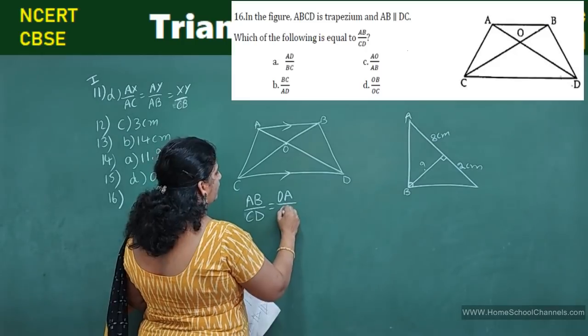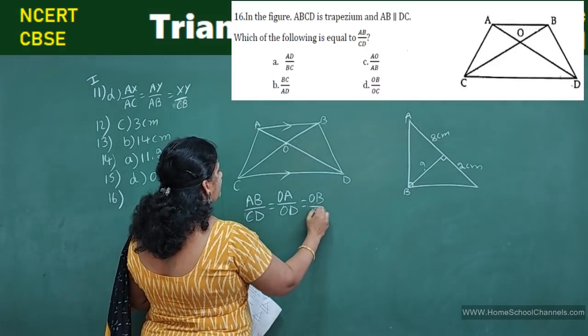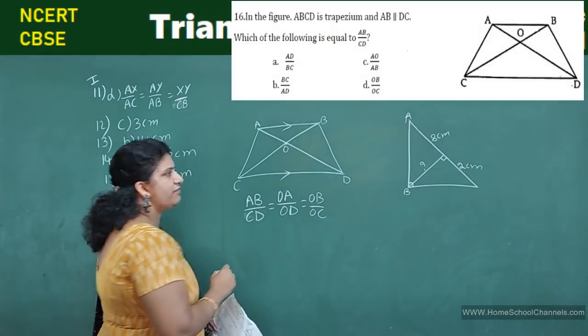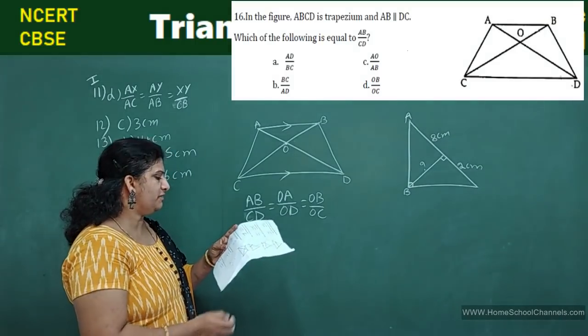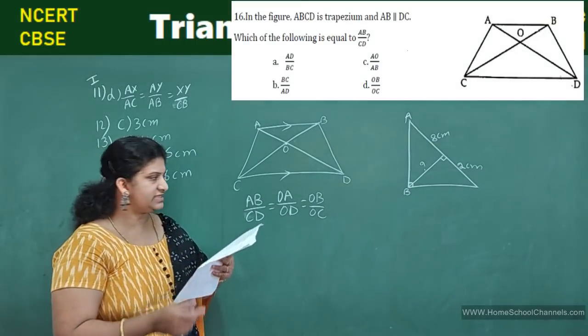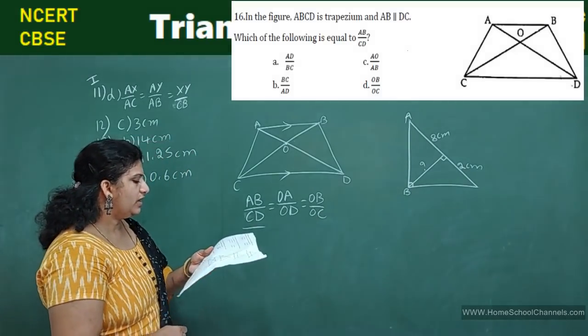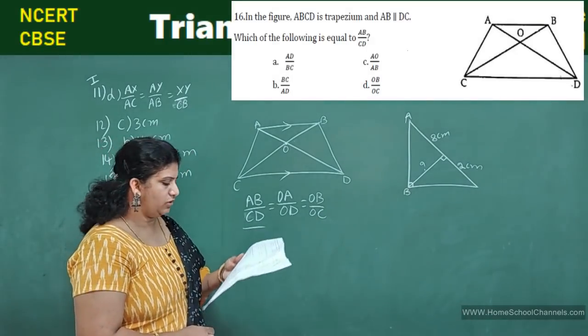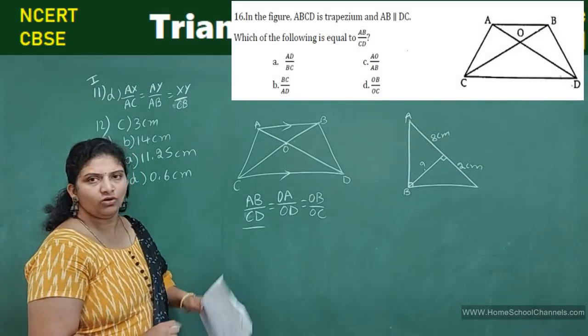OA by OD is equal to OB by OC. So which ratio do you have in your answer? Let us check it out here. Is it AD by BC? No. AO by AB? No. BC by AD? No. OB by OC?